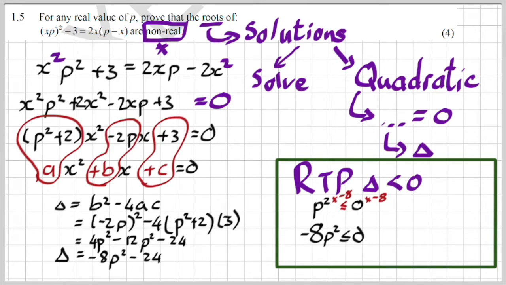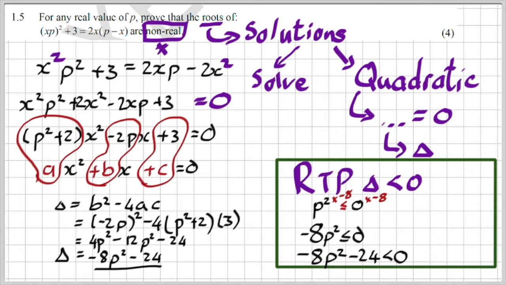I am still not happy because the left-hand side is still not delta. Remember, I'm trying to get it into that expression. So if I subtract 24 on both sides, then it cannot be equal to naught anymore. It must now be smaller than naught, because remember, I subtracted 24 from the right as well.